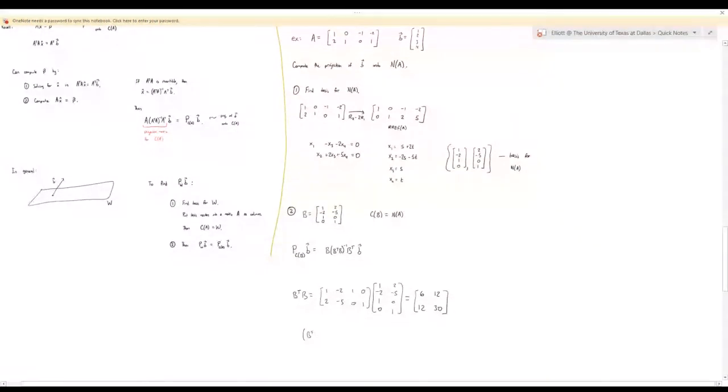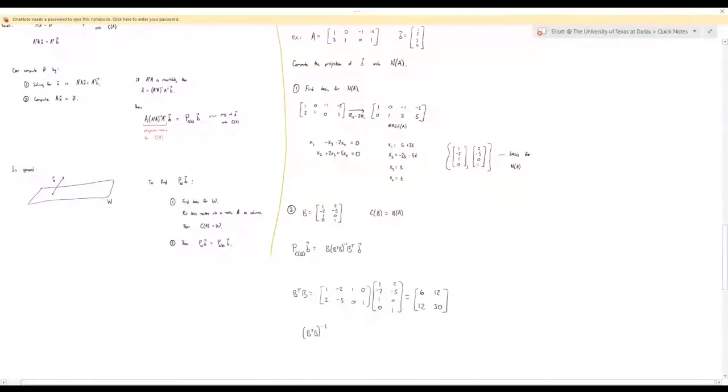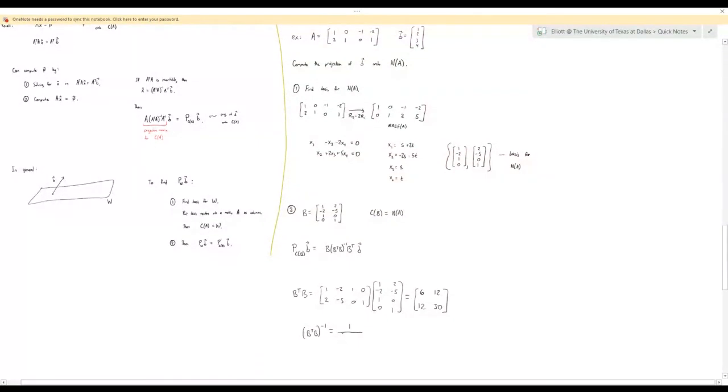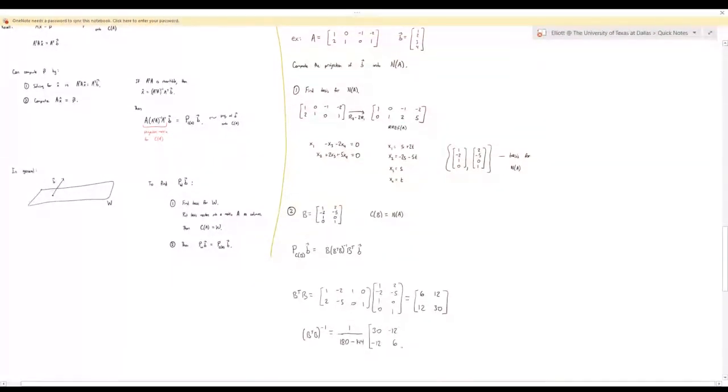Let's go ahead and compute the inverse of that real quick. It's 2 by 2, so I can use the 2 by 2 inverse formula. So A times D is 180 minus B times C, so minus 144. I interchange the diagonal entries, and then I change the sign of the off diagonal entries to get the inverse.